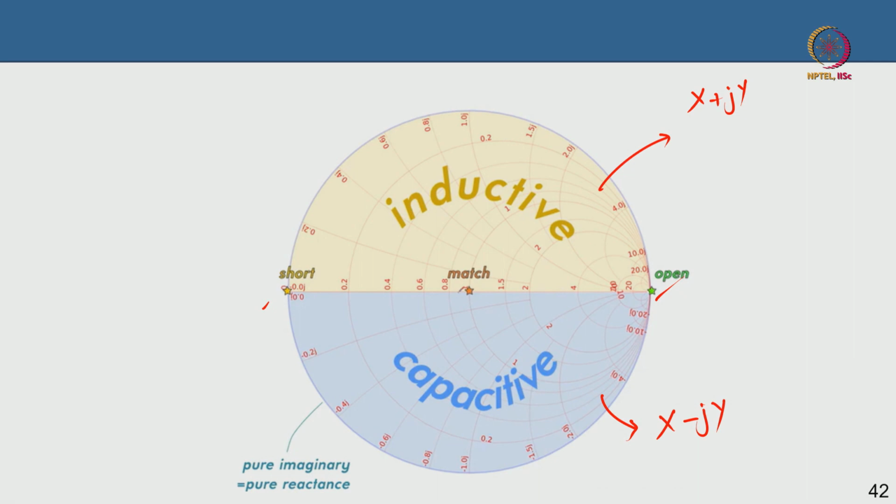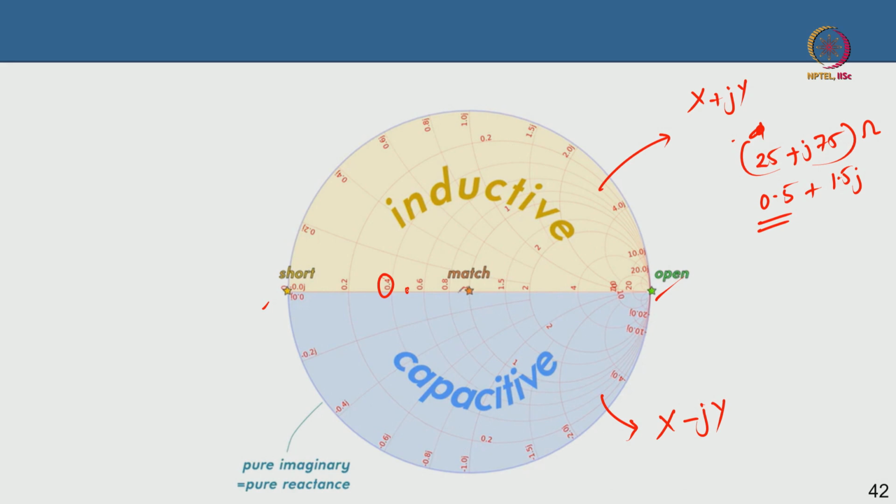And the way you read a Smith chart is that, suppose I have an impedance of 25 plus j75 ohm divided by 50, that is your 0.5 plus 1.5j, correct. So, on the x axis, on the primary axis, you go to 0.5, this is 0.4, this is 0.6, so 0.5 will be somewhere here.